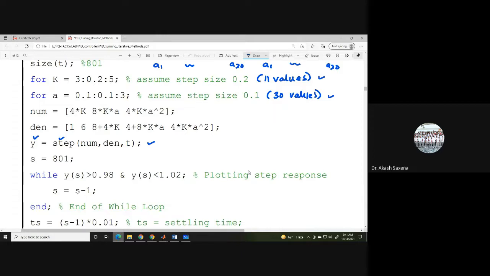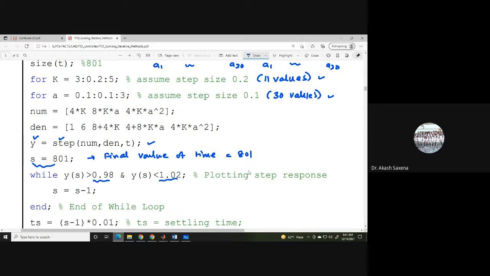Now, if I take s is equal to 801, that means the total final time step is 801. Now I will start a while loop where I say that the value of ys should be between 0.98 and 1.02.